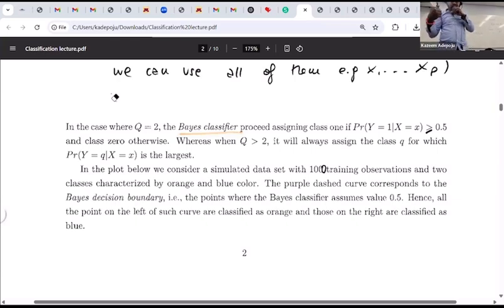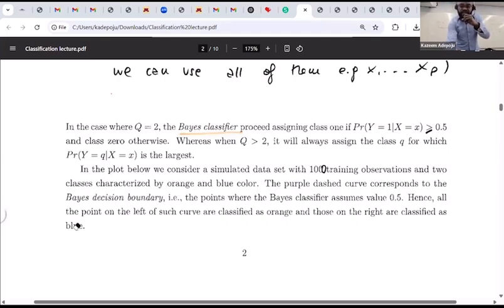Now, the purple dashed curve corresponds to the Bayes decision boundary. That must be a boundary. The other time I put it as 0.5, then the point where the Bayes classifier assumes value 0.5, that is the boundary. Hence, you're going to have points on the left of the boundary and points on the right of the boundary.